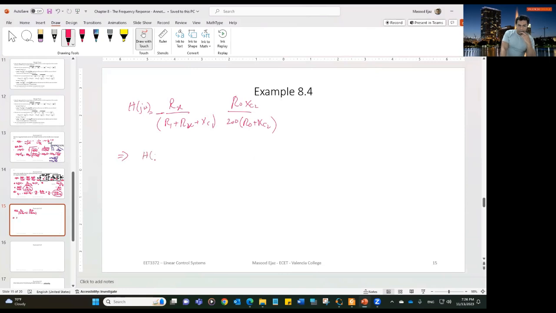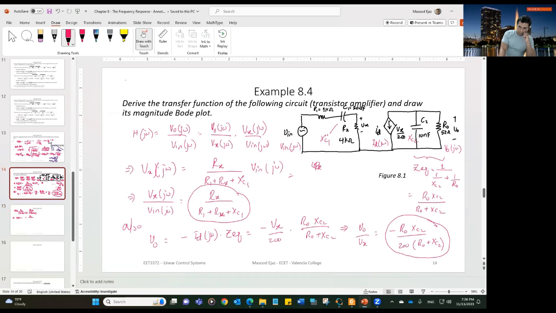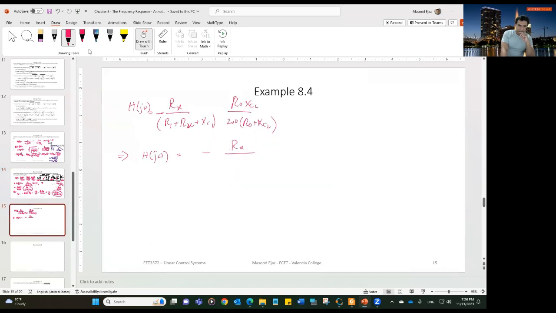Okay, next let's write this down into factors, zeros and poles. So negative Rx over, let's just put down the values. I have 4,000 this and I believe 1,000 this, so that's 5,000. 4,000 is Rx.